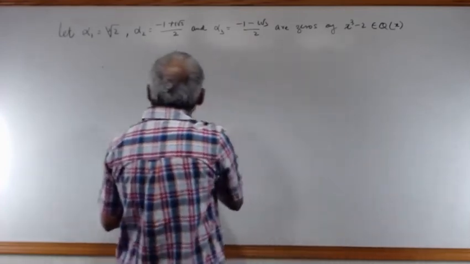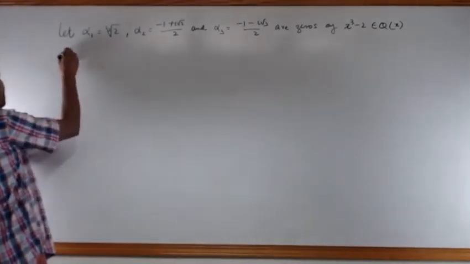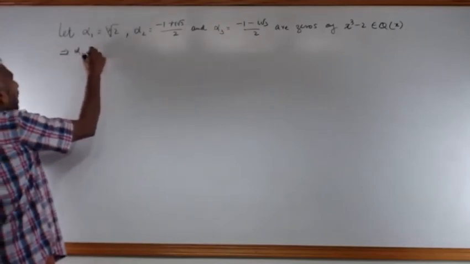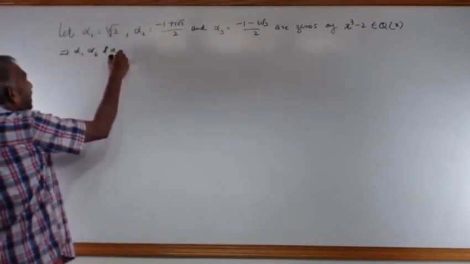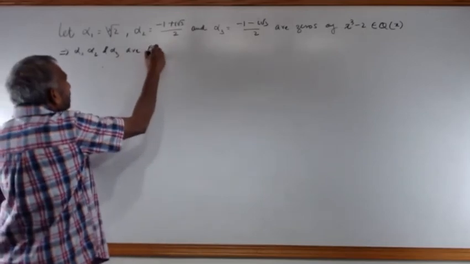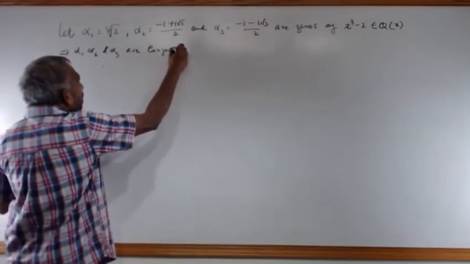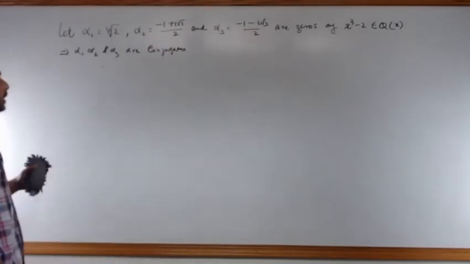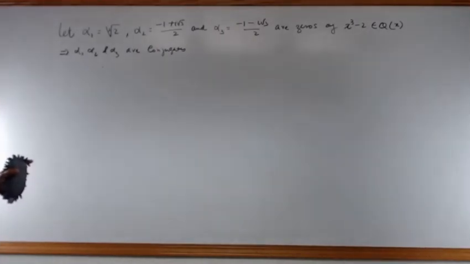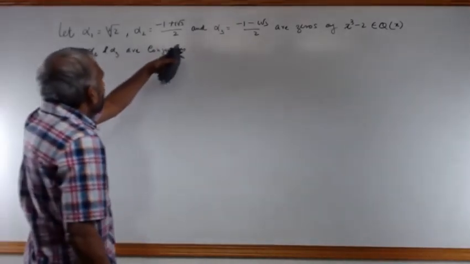What does this mean? This means that alpha 1, alpha 2 and alpha 3 are conjugates, because the irreducible polynomial of these 3 elements is the same.